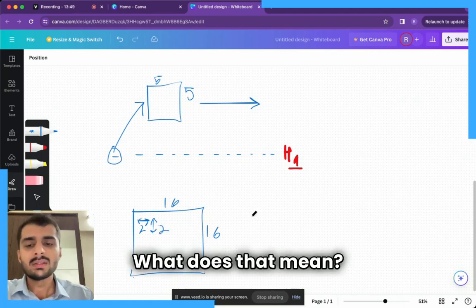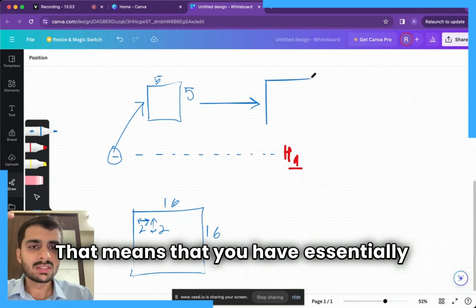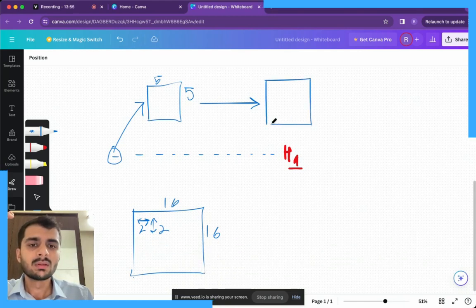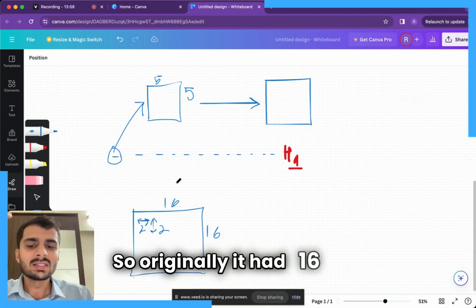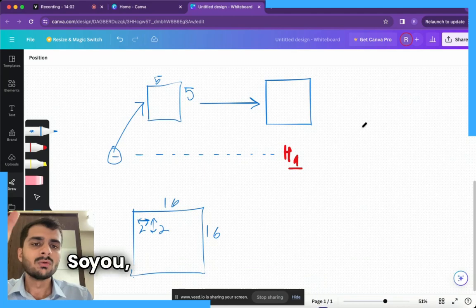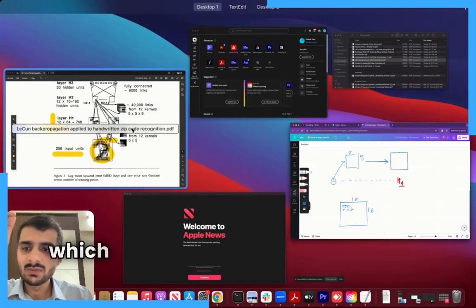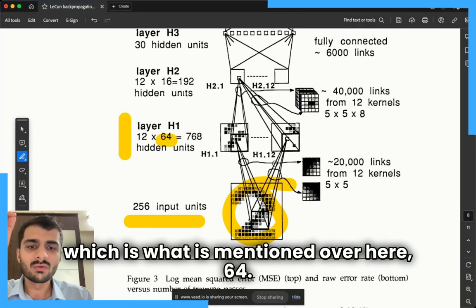What does that mean? That means that you have essentially a figure. So originally it had 16 by 16. Now you divide that by 4. So you will have totally 64 units, which is what is mentioned over here, 64.